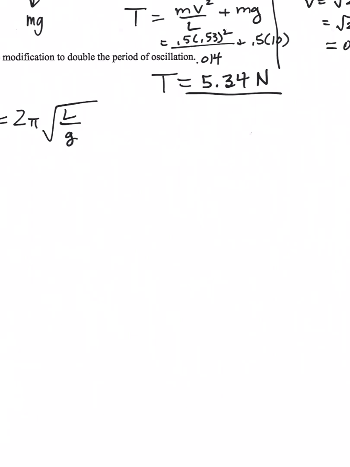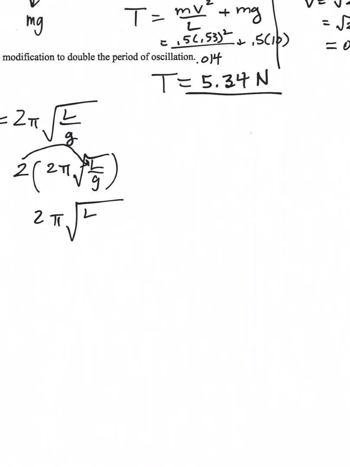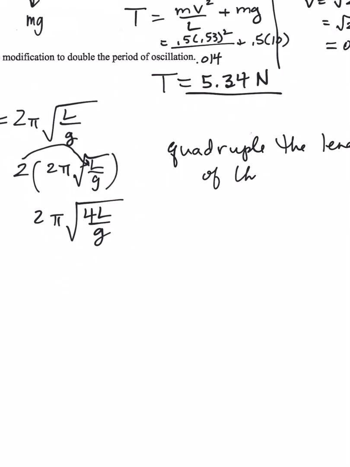So we want this to be doubled, right? So we want 2 times this, which means we need it to be 2 pi times the square root of 4L over g, don't we? So we want to quadruple the length of the string.